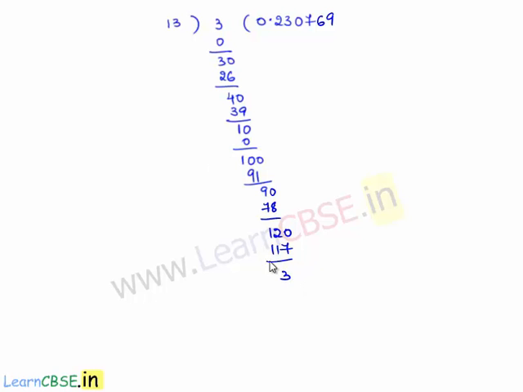Since 13 does not go in 3, and because of the decimal point, 3 becomes 30. So 13 goes in 30 2 times. 13 times 2 is 26, and we are left with remainder 4. Because of the decimal point, 4 becomes 40. 13 goes in 40 3 times. So we have 13 times 3 is 39, and we are left with remainder 1. Because of the decimal point, 1 becomes 10. 13 does not go in 10, therefore we take 0. We are left with remainder 10.